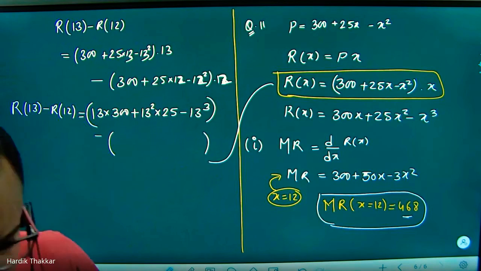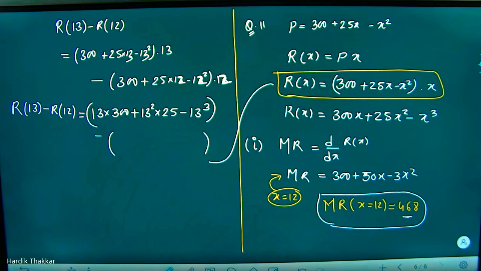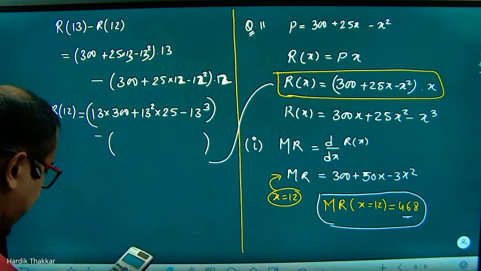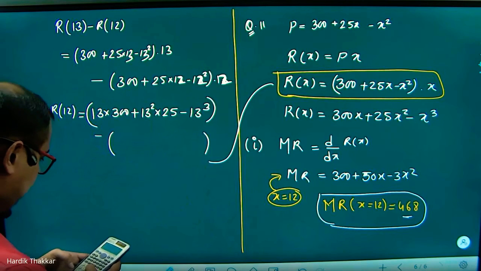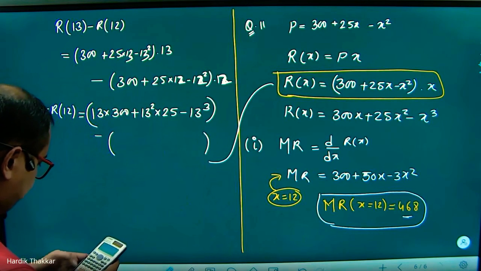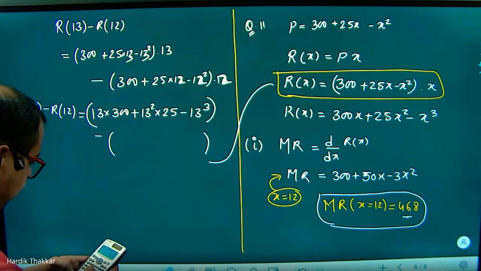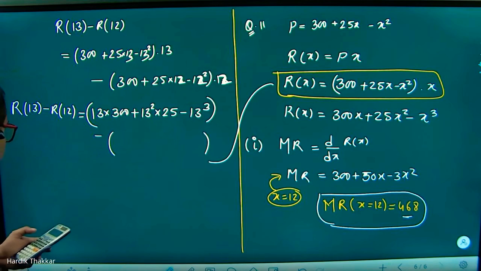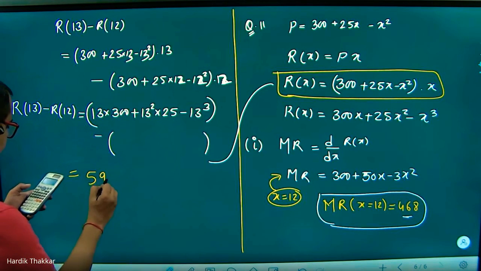Do one thing, let me calculate it once more. So 300 into 13 plus 25 into 13 square minus 13 cube. For the first part we will get 5928.